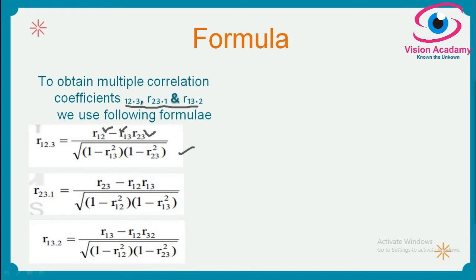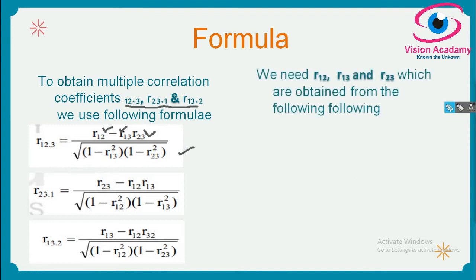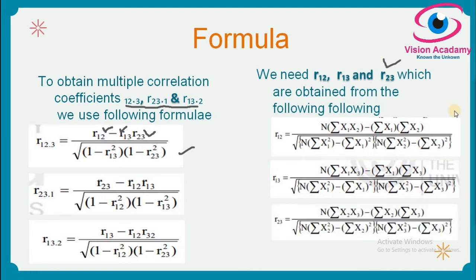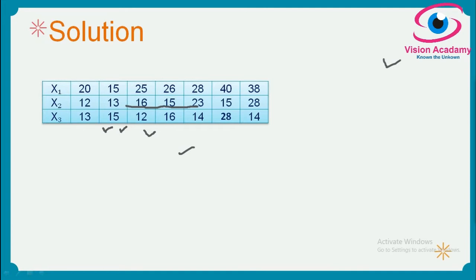For that we need to use the respective formulas of the basic zero order correlations R12, R13 and R23. We know those formulas, and I have explained them also. So now let us calculate these using the raw data.